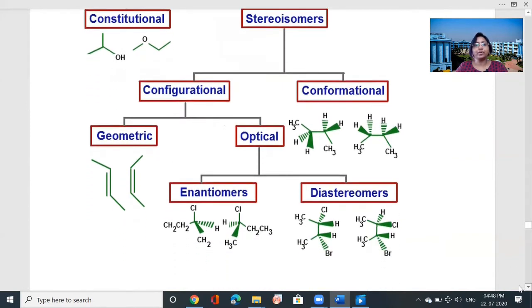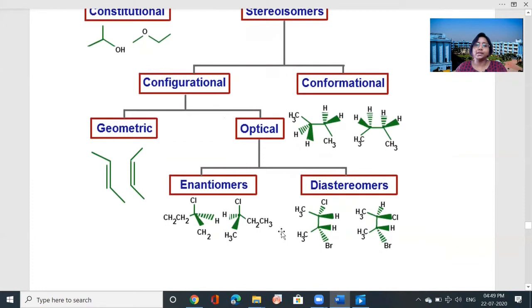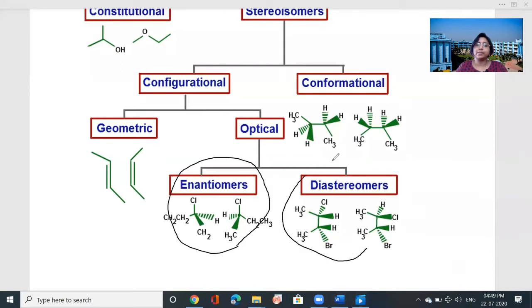So in conformational isomers, we get the geometric and optical isomers. Optical isomers we learned in the third lecture of stereochemistry, that is, enantiomers and diastereomers.